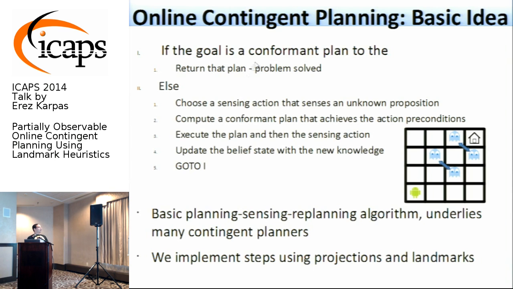Otherwise, you want to choose a sensing action which tells you something new, okay? Then you're going to compute a conformant plan which enables you to apply that sensing action. You're going to sense the unknown proposition, update your belief state, and repeat. And what we're going to do here is basically implement these steps using projections and landmarks.